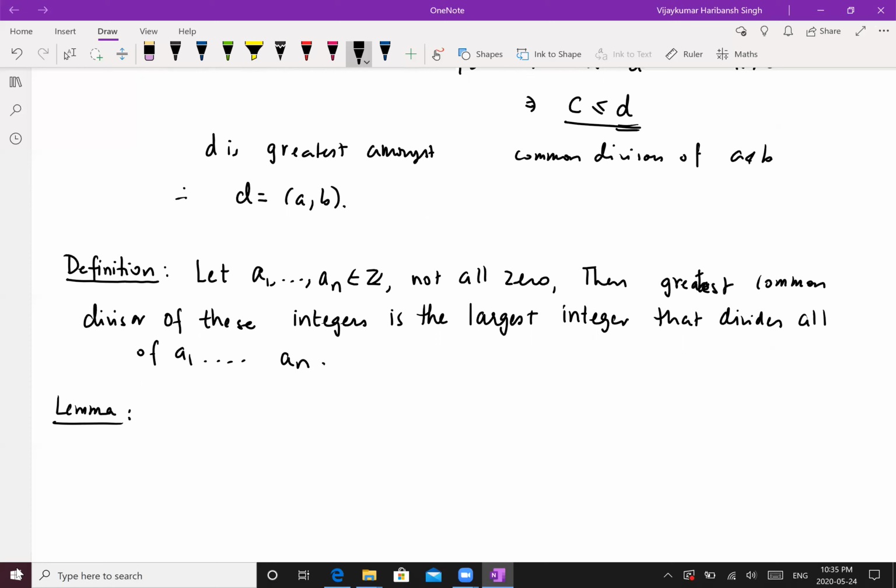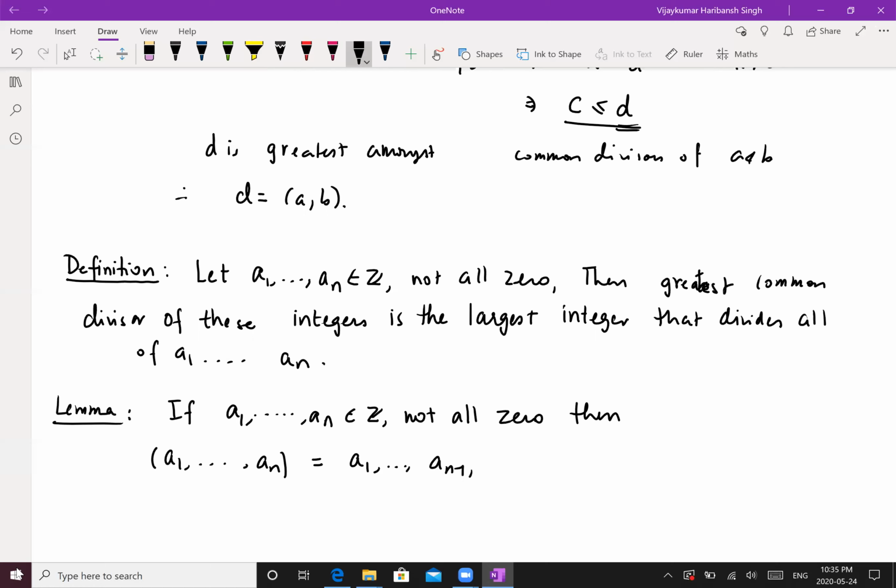The lemma is: if a1 through an, these integers belong to Z, not all 0, then let me use this notation, GCD of a1 through an is the same as GCD of a1 through an minus 1, and an.